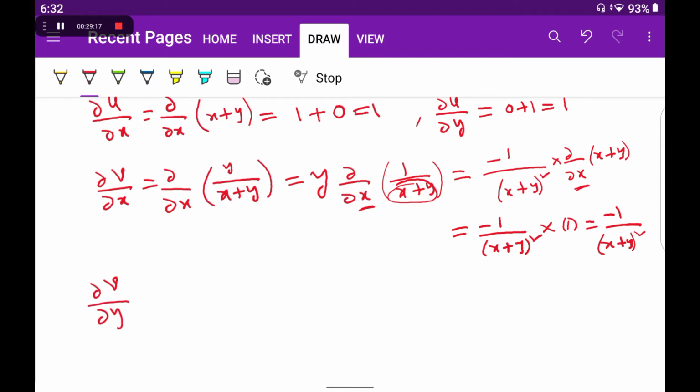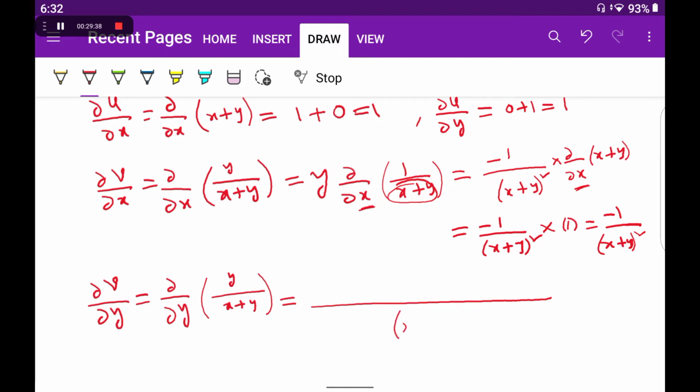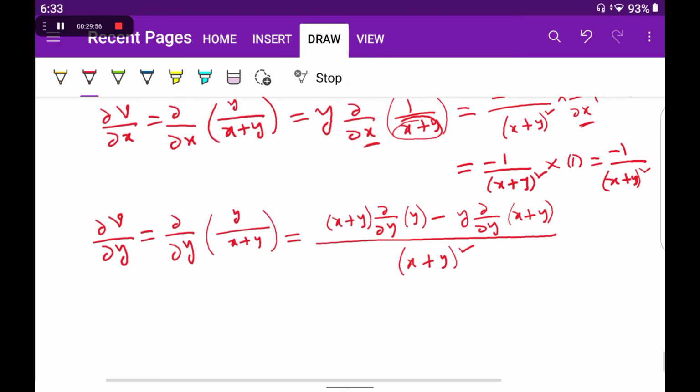Similarly, dou v by dou y. Dou by dou y of y by x plus y. Here the numerator and denominator both involve y. So we have to use the derivative of u by v. First of all, denominator square, denominator into derivative of numerator minus numerator into derivative of denominator. So that is u by v.